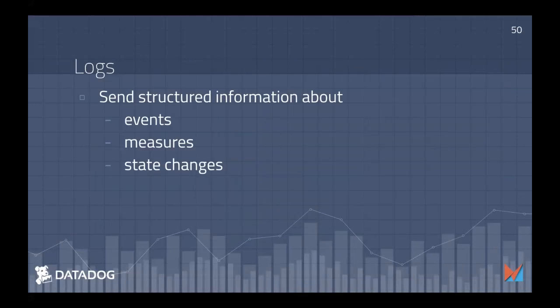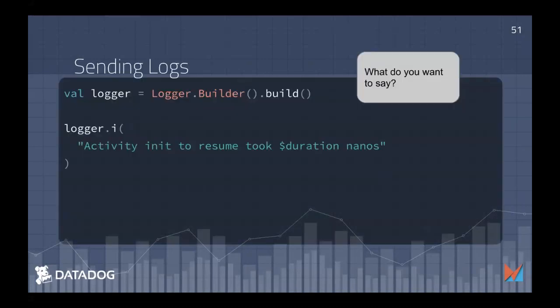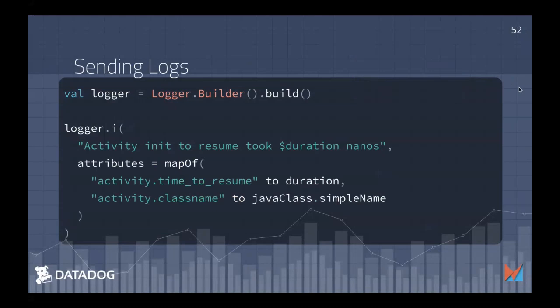It's just a couple of Gradle lines. And then you can start getting logs. Logs for us are structured information that we send with a message, of course, because they are logs, but you can also attach information about events, measures, or state changes. It can be as easy as this, and you can.